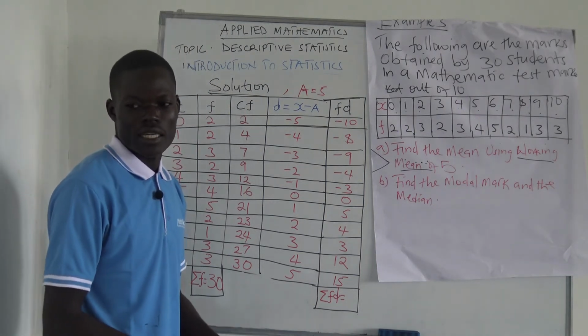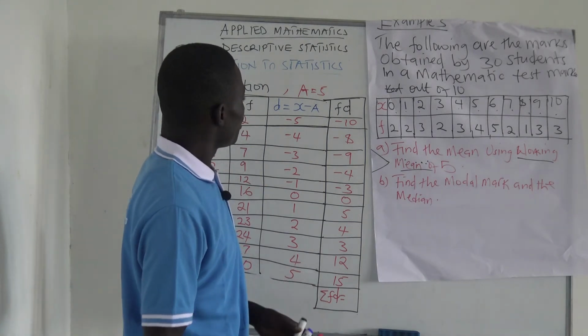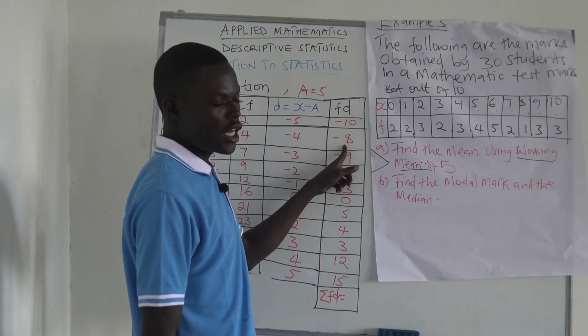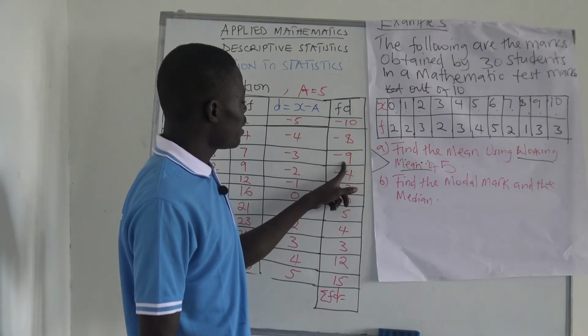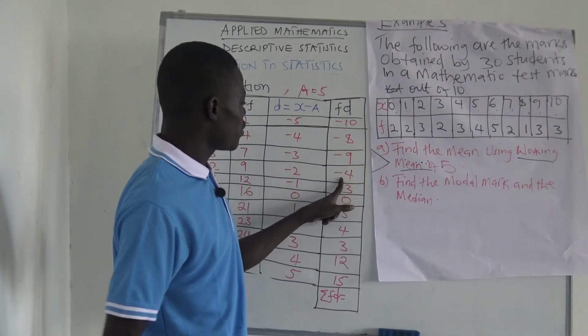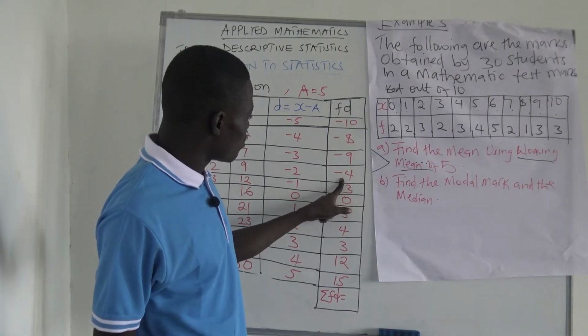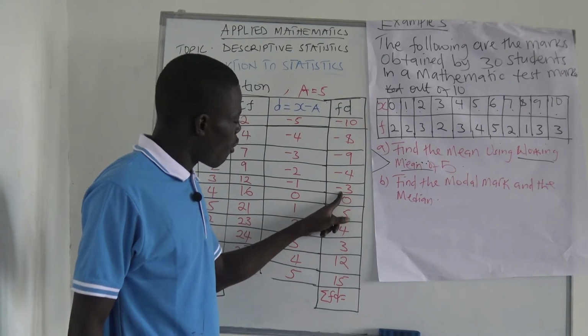What do we get? This is summation of fd. We have negative 10 plus negative 8, that is negative 18. Negative 18 plus negative 9, negative 27 plus negative 4, we have negative 31. Negative 34.